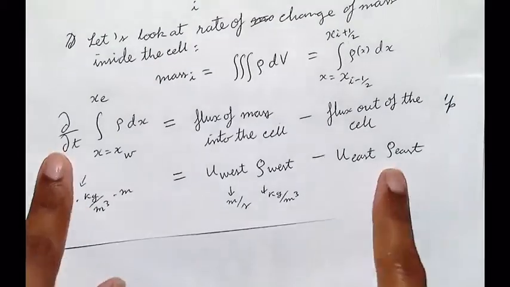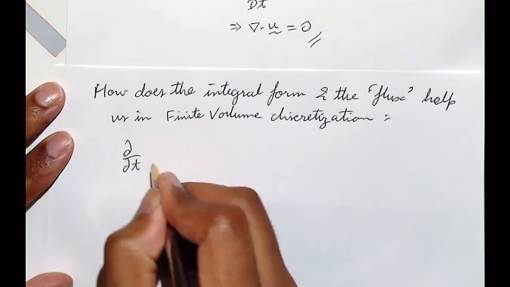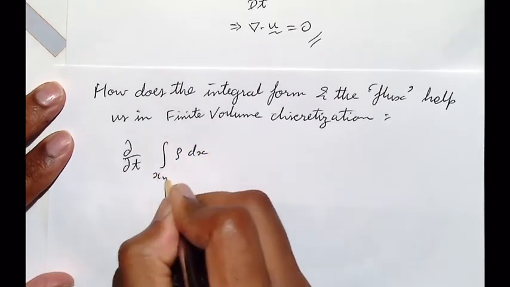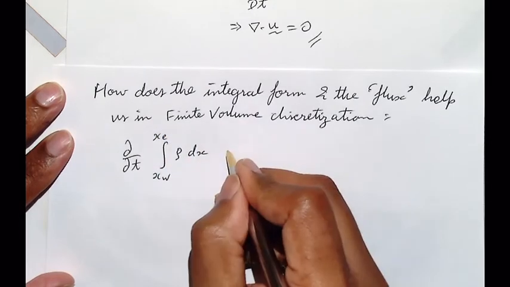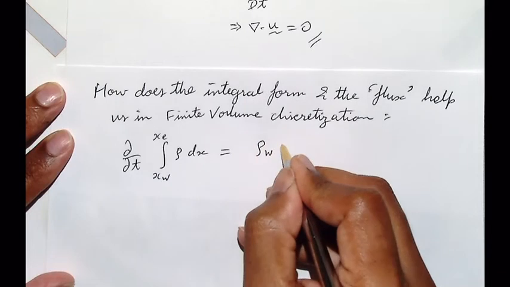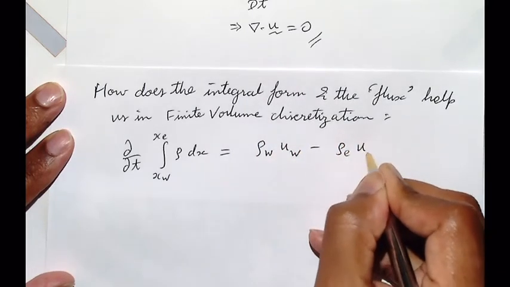Okay, so I will rewrite one of the equations, this one. All right, so let me rewrite it. We had the integral of del by del t of rho dx from x west to x east equal rho west u west minus rho east u east.